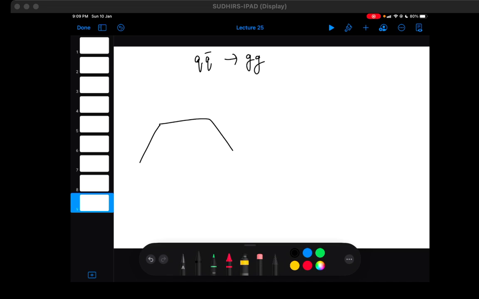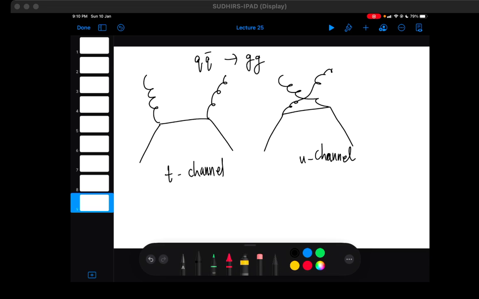Then there will be the crossed diagram for this. So this would be something like a t-channel diagram, and then there is a u-channel diagram. But you would also expect there will be a third diagram, similar to QED except for the color factors.